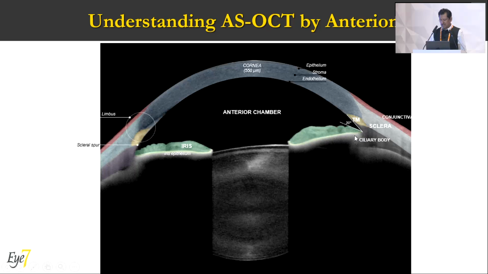This is the angle, and this angle of 30 degrees is an open angle. So you have to learn to recognize the angle, and you have to learn to recognize the scleral spur, if you have to really move on to get the right sizing and use the AIOS-OCT in the best possible way.